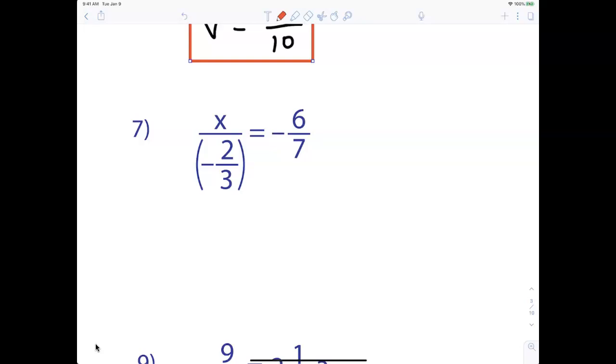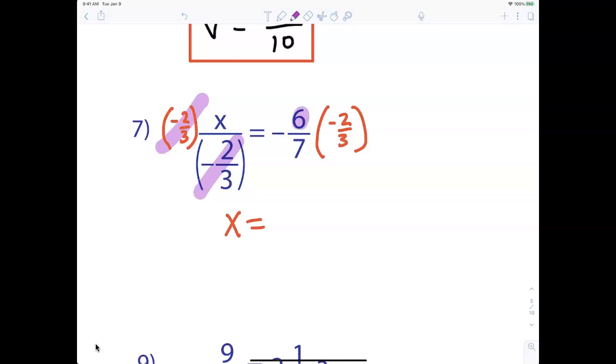So how do I undo division? We do multiplication. So what I'm going to do is multiply both sides by negative 2/3, multiply both sides by negative 2/3, and again, the reason those cancel. So now we have x equals, now negative times a negative is a positive.